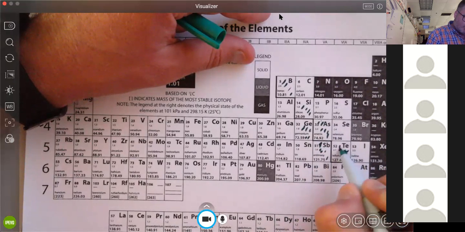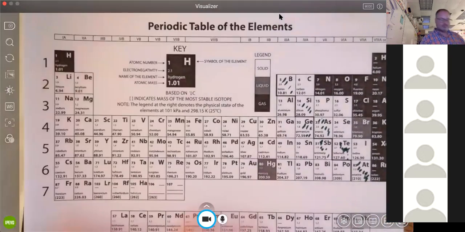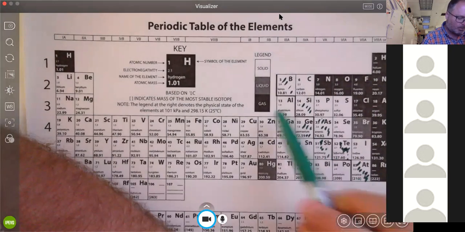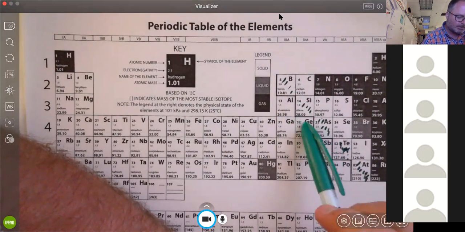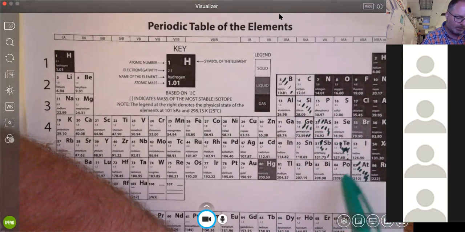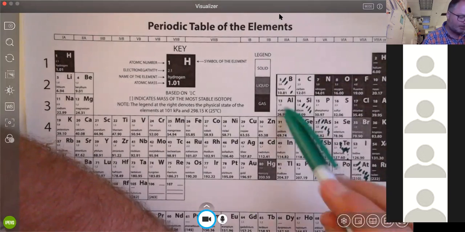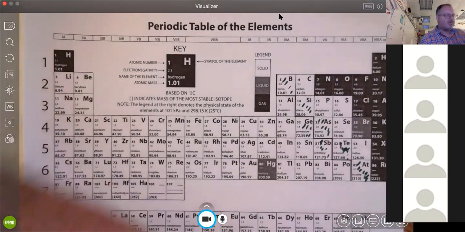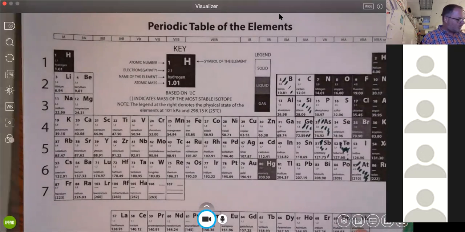There's some areas to say, well, this isn't a metalloid, but this is the most common one. Anything touching this line, except for aluminum and polonium, are metalloids. Aluminum and polonium have more characteristics of metals than they do of the metalloids. And I usually call them semi-metals instead of metalloids.